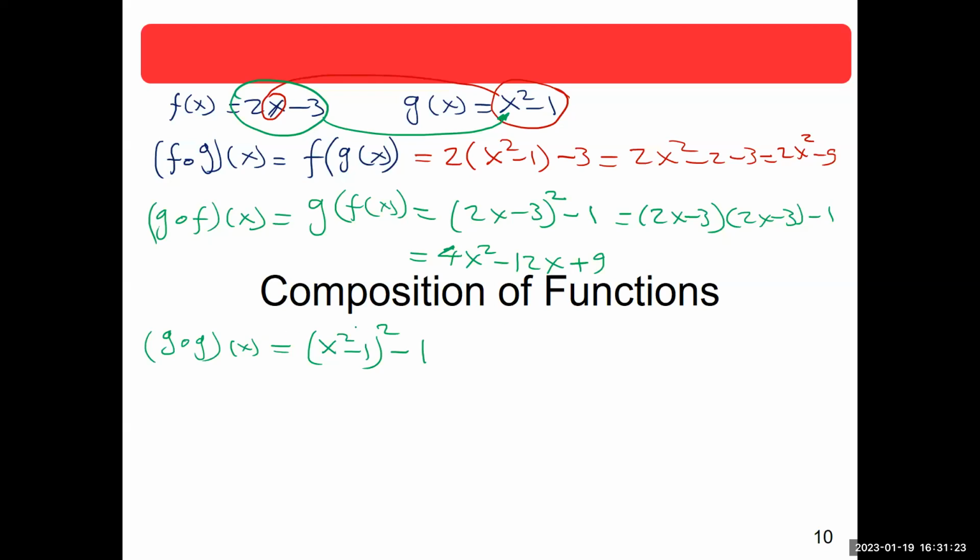Then you can spread this out. And also you can say f circle f of x. That means 2 multiplied by 2x minus 3, minus 3. So we're replacing the entire x by the same value. Then you can simplify it.